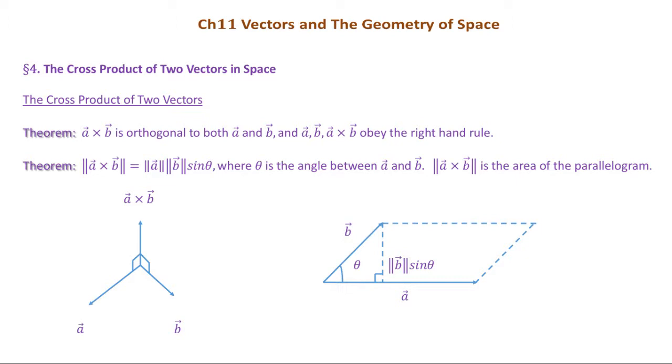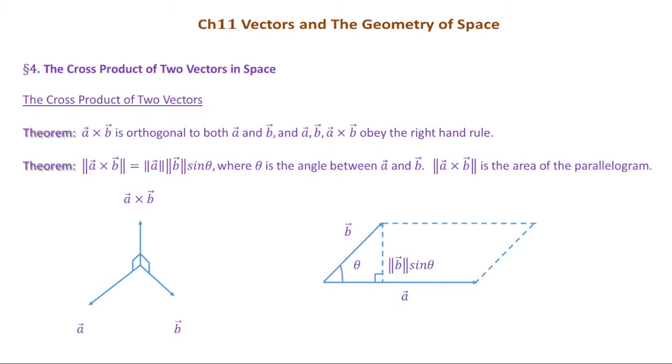Now you can see, from the graph on the right hand side, the magnitude of B times sine theta will give you the height of the parallelogram shown in the graph, formed by the two vectors A and B. So then the magnitude of A cross B is just the magnitude of A times the height of the parallelogram.